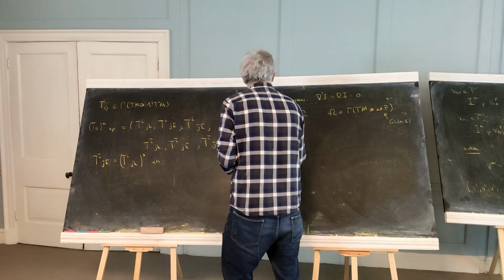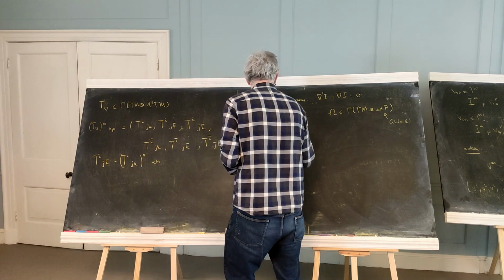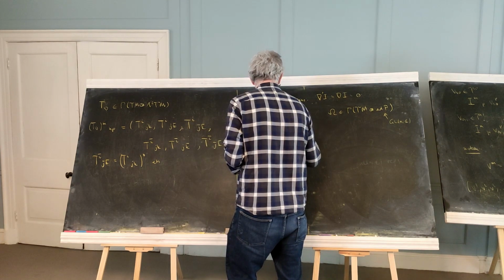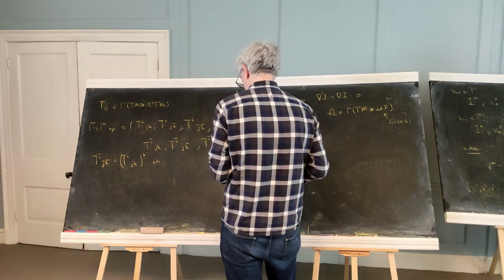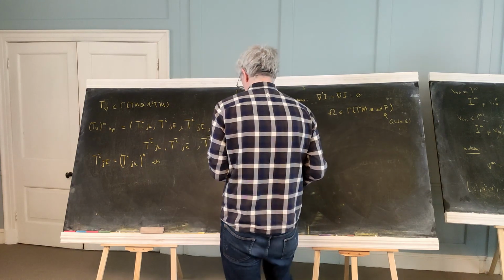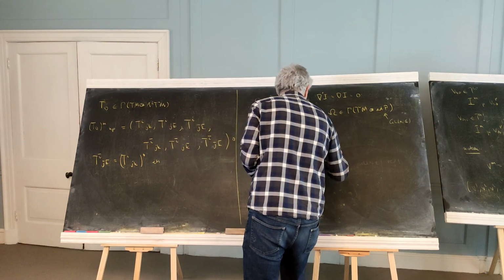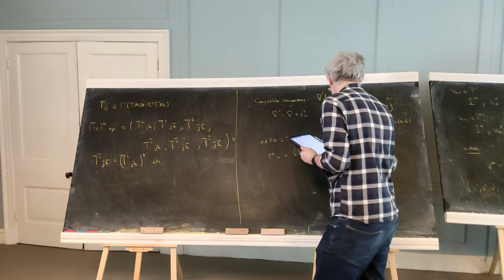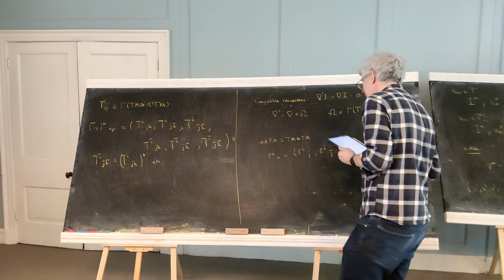Well, if I take the adjoint bundle of Fm, that's the same as T star Tm times T star m. So if I have an element there, it's going to look like Rmn. And that I can split into Rij, Rij bar, Ri bar j, Ri bar j bar.